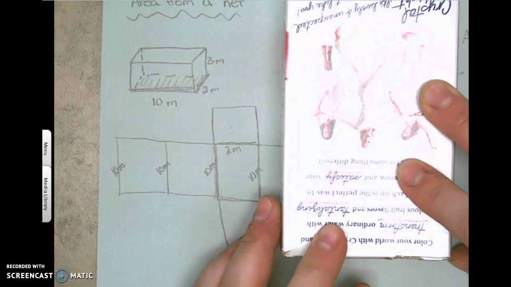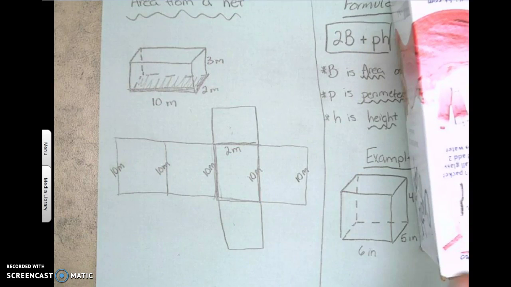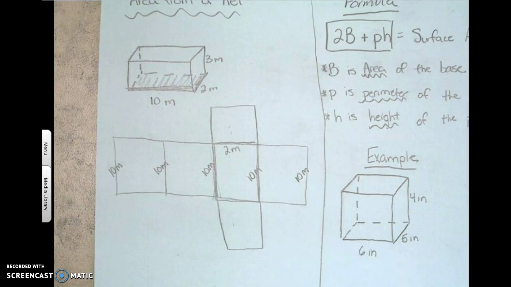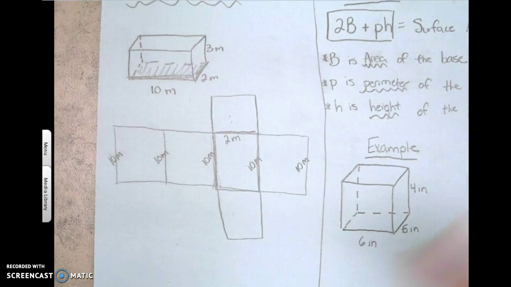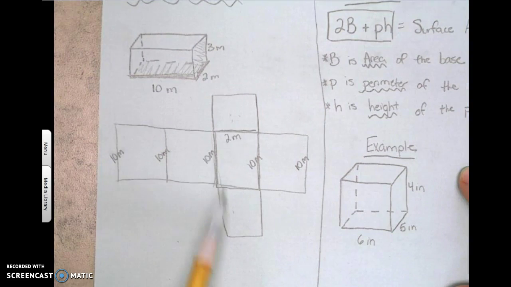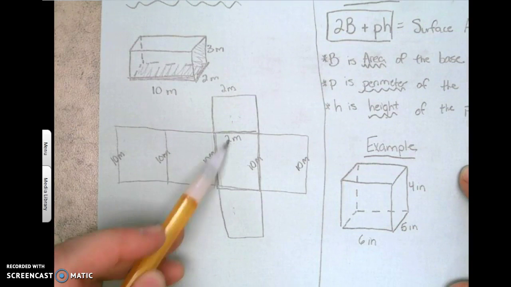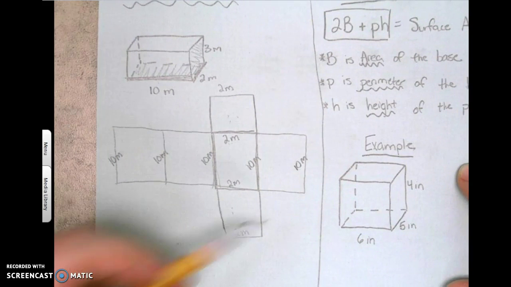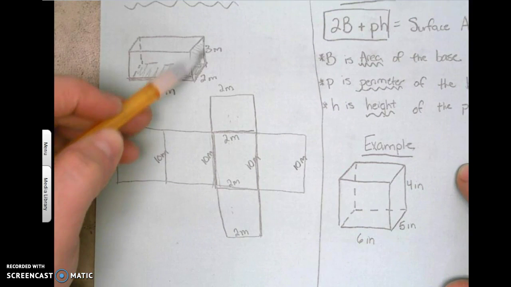If I look at the side here, this width here is not 2. So if you try to picture folding this up and folding it together, this side, which represents these two here, is 2 meters. And then we can go straight across. This is 2 meters, and this one's 2 meters. But the side here is going to be this length here.